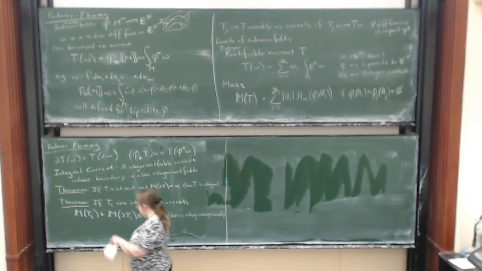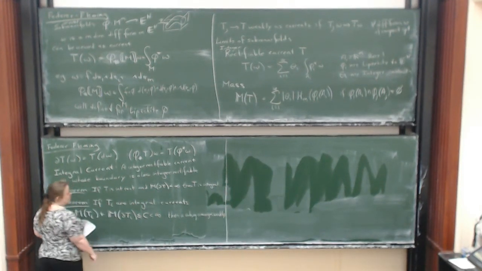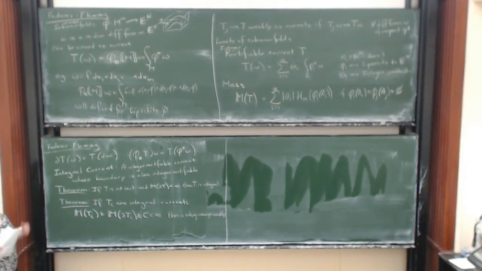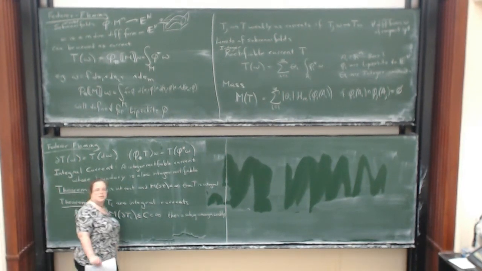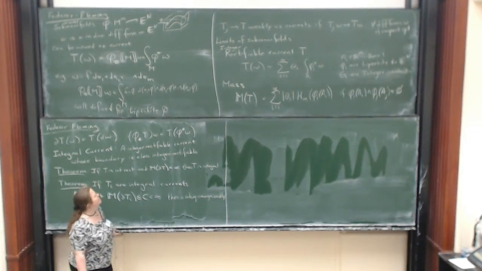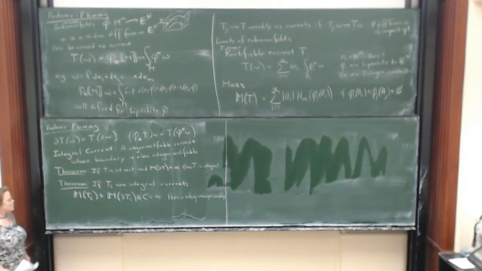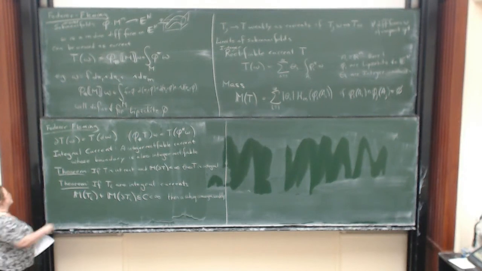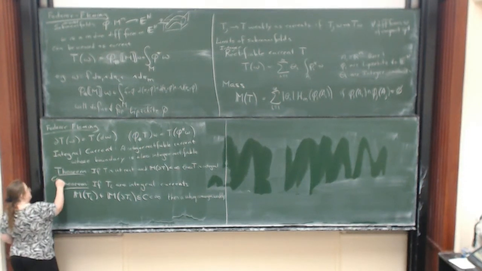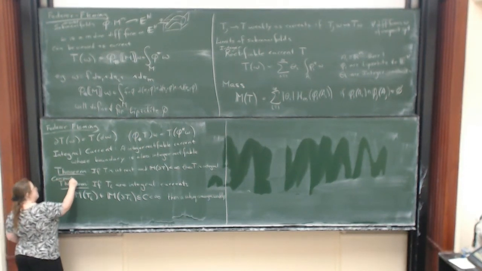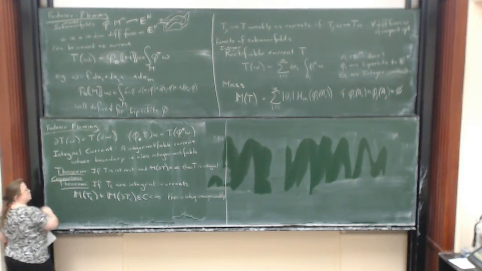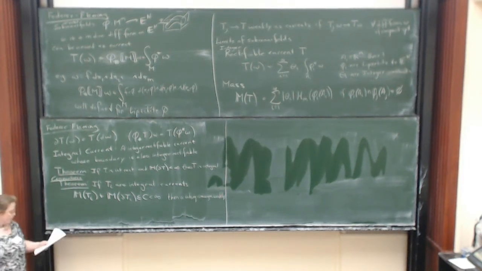This theorem is not proven by keeping track of charts in any way. What they do is they prove that there is this limit T, and it has all the properties of an integer rectifiable current, and that its boundary has all those properties. So there's a subsequence that converges weakly. This is their famous compactness theorem. These are very difficult theorems to prove. All right? You're certainly not keeping track of the charts in any way.